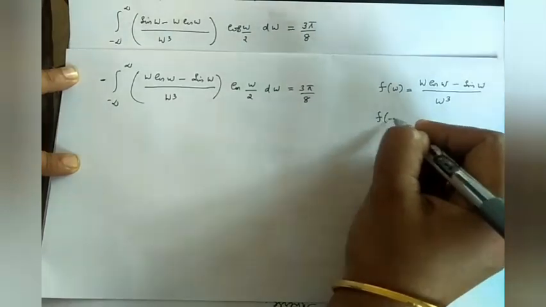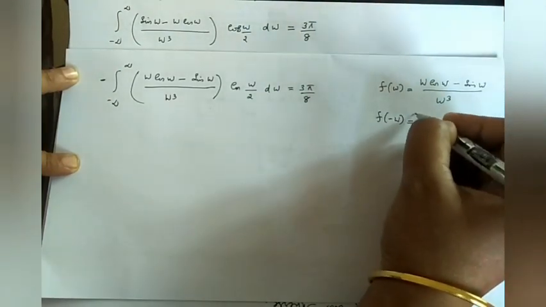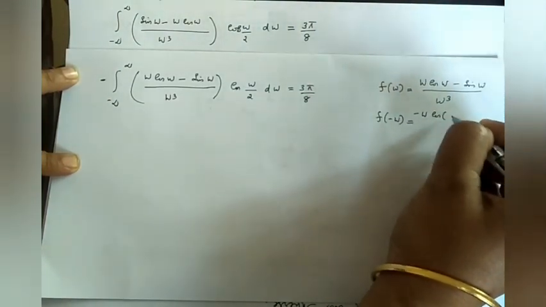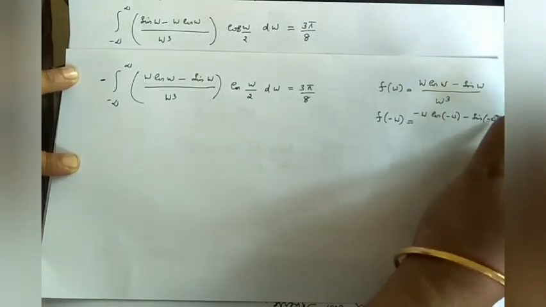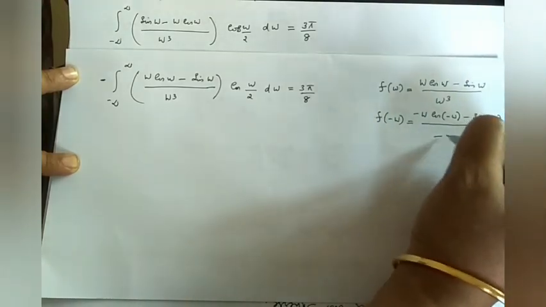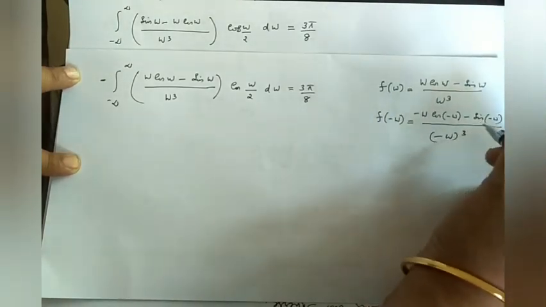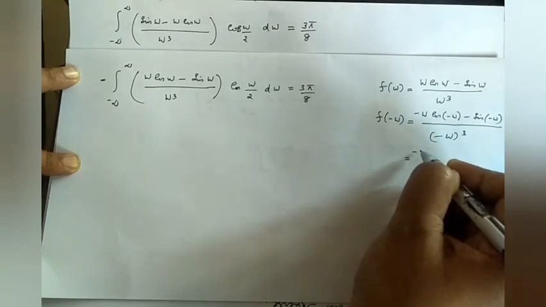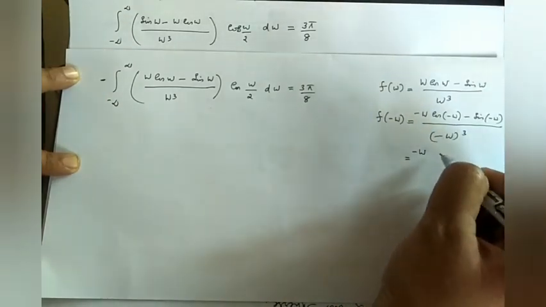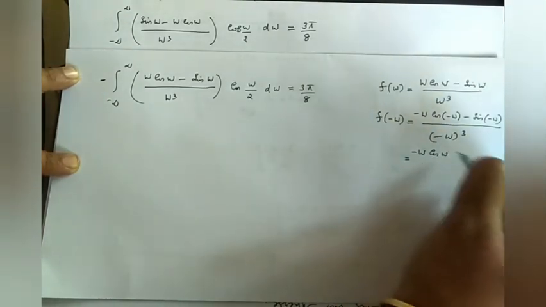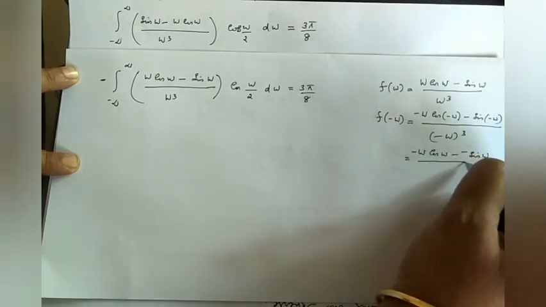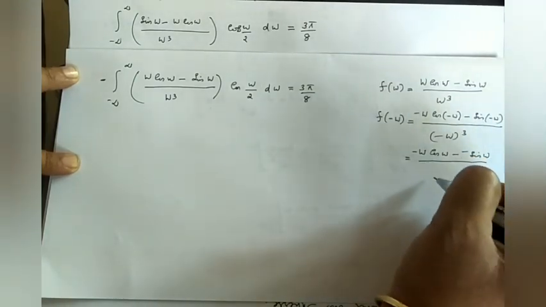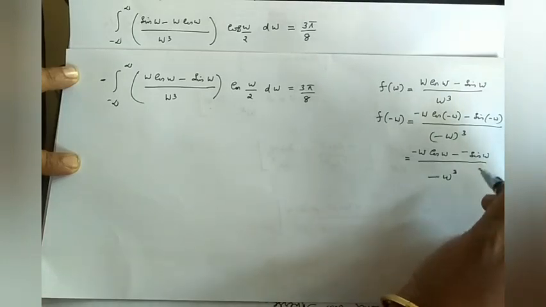Consider f minus omega, that is equal to minus omega cos of minus omega, then minus sin minus omega by minus omega the whole cube, which is equal to minus omega into cos of minus theta is cos theta, therefore cos omega, then minus sin of minus theta is minus sin theta, therefore minus sin omega by minus omega the whole cube is minus omega cube.